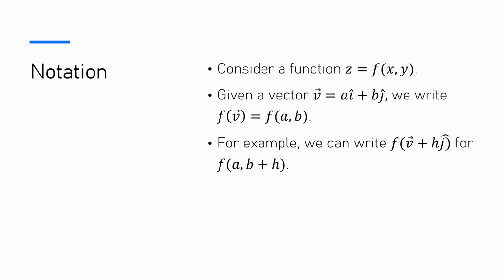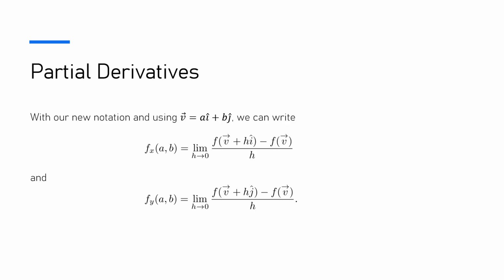So now let's recall we did partial derivatives before. And what I want to do is reframe these partial derivatives in terms of our vector notation. If I let v be ai plus bj again, the partial derivative of f with respect to x, remember, was f of a plus h comma b minus f of a, b, over h.